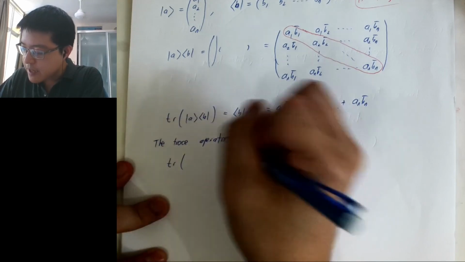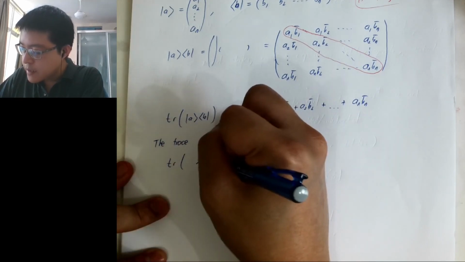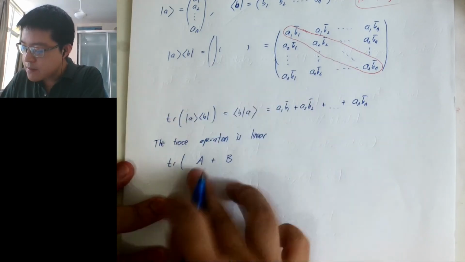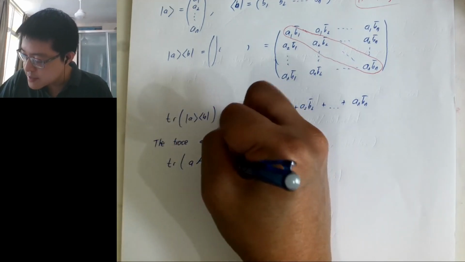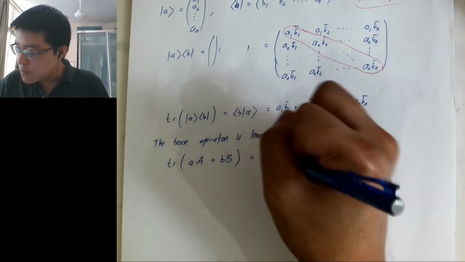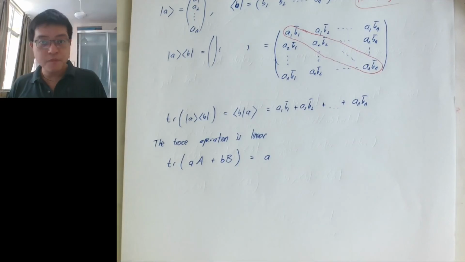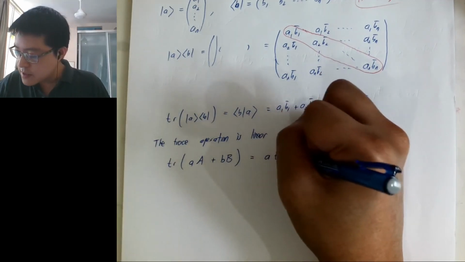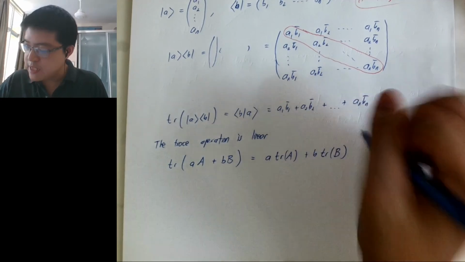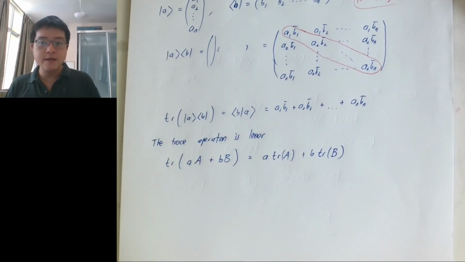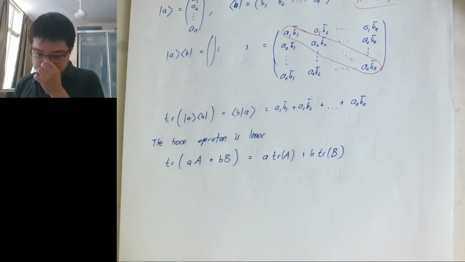Let's say I have an operator A plus another operator B, you just get a new final operator. If I have a scalar multiple times this operator, the scalar you can take out. And then it's just the trace of A plus the trace of B. This is what we mean by it being a linear operation.